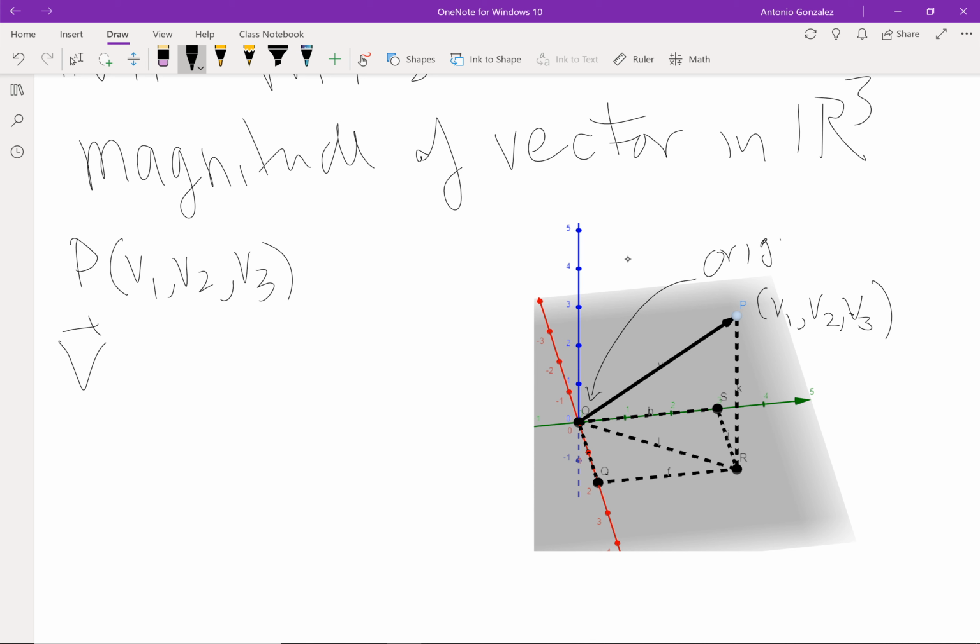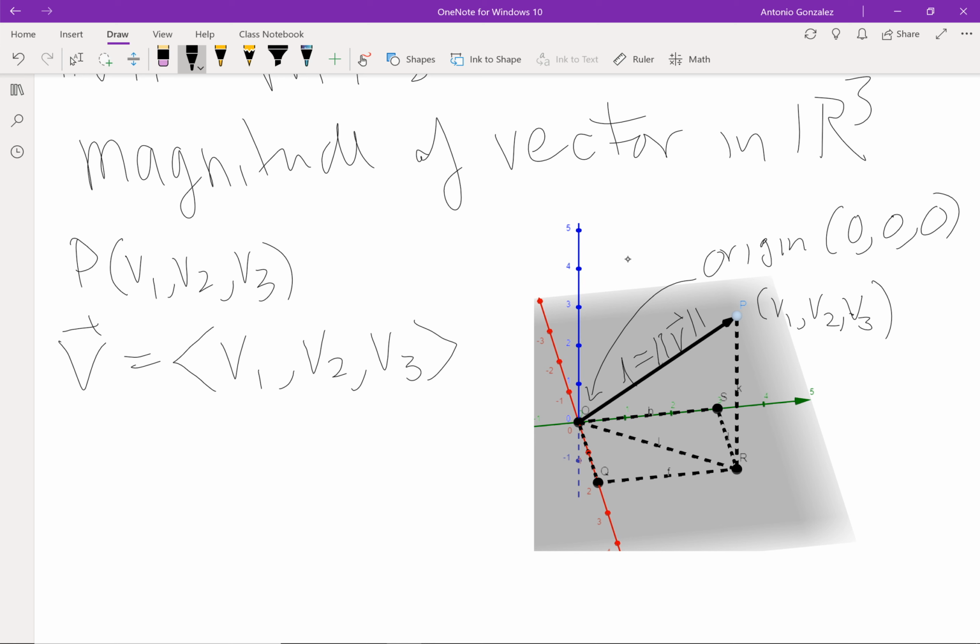The origin in R3 is 0, 0, 0. So the vector V is this one right here, V1, V2, V3. We would like to find the magnitude, or the length, L, of that vector, which we'll call the magnitude of vector V.